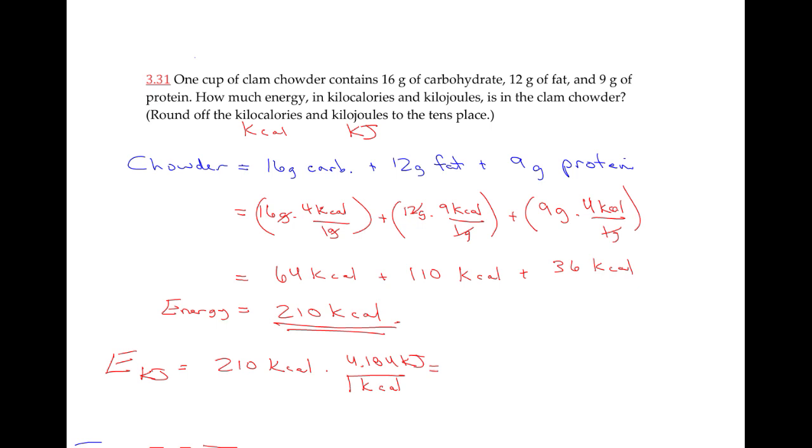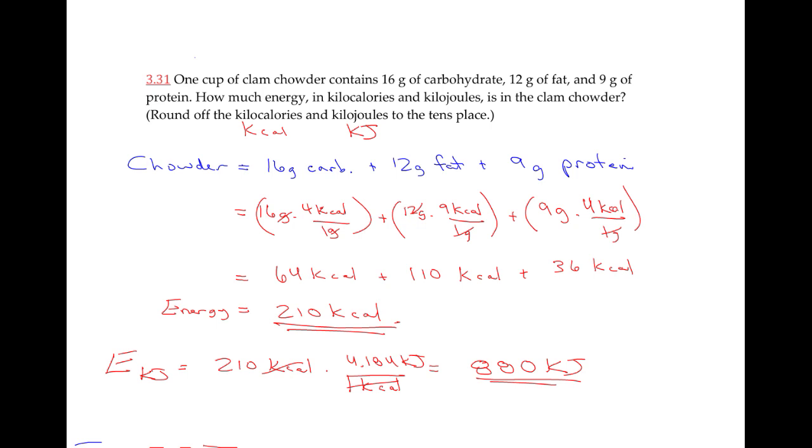So I'm going to get my calculator out here. 210 multiplied by 4.184 gives us about 880 if we round it. So it'd be 880 with 2 sig figs. 880 kilojoules. There we go.